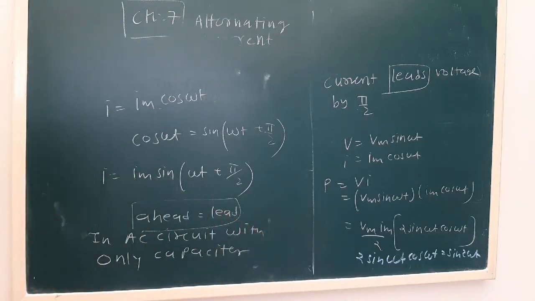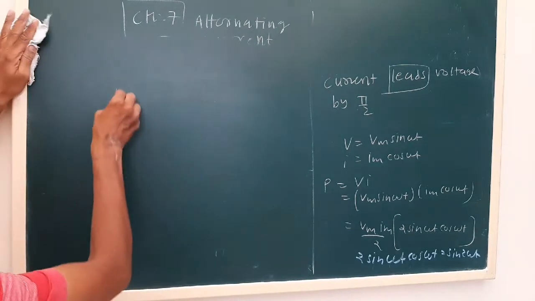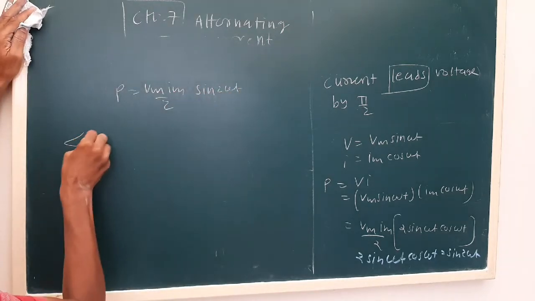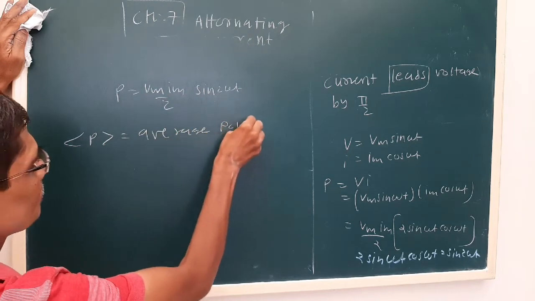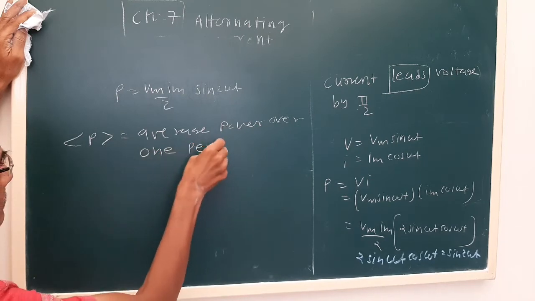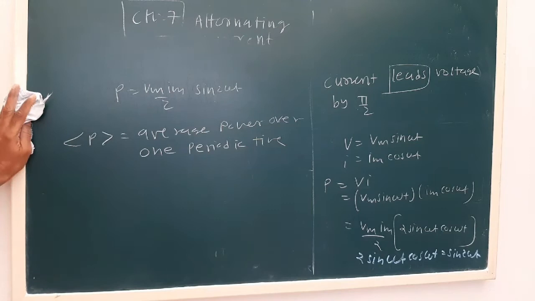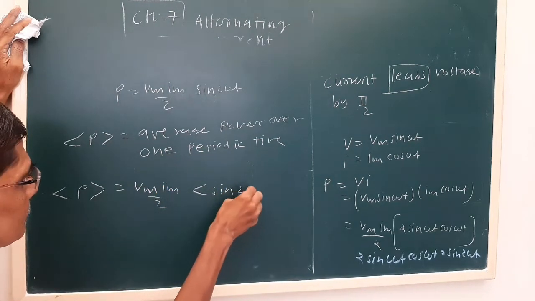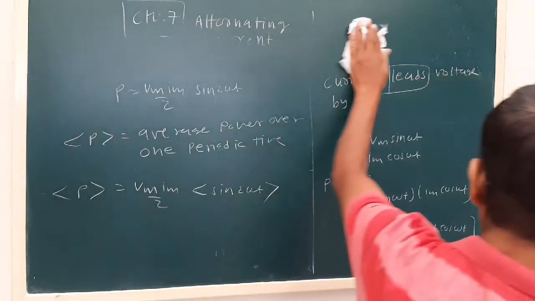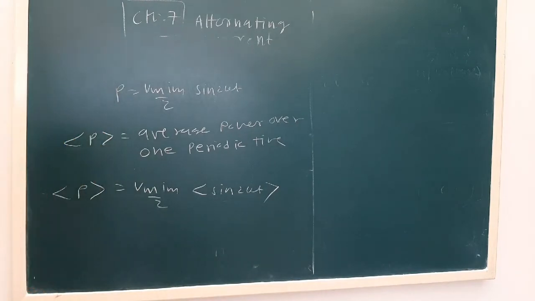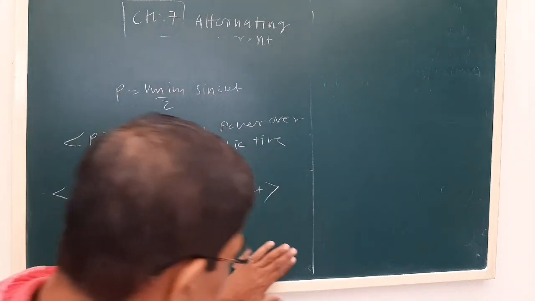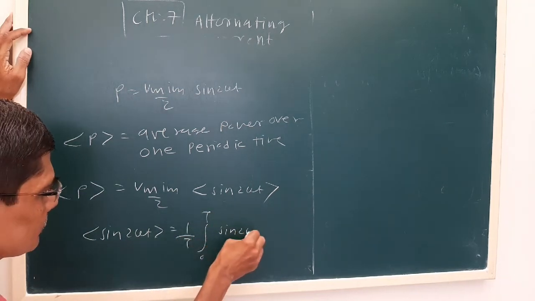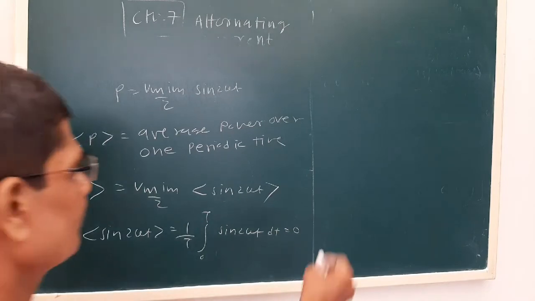So we can write the power as Vm Im by 2 sin 2 omega t. Now the average power over one periodic time: the average value of sin 2 omega t over one periodic time is 0, that we have seen earlier also.